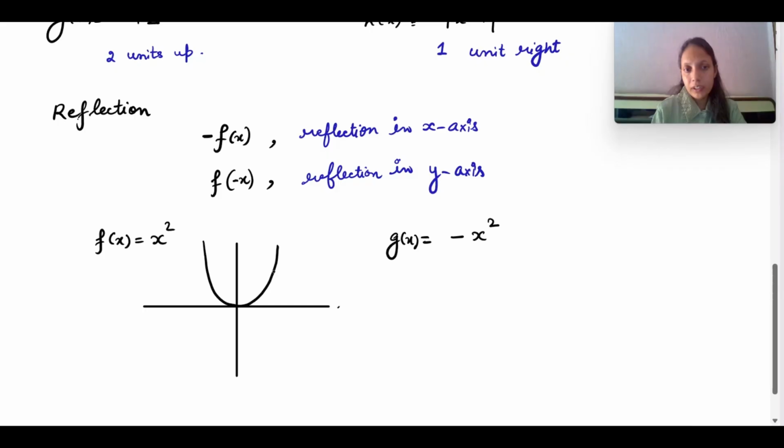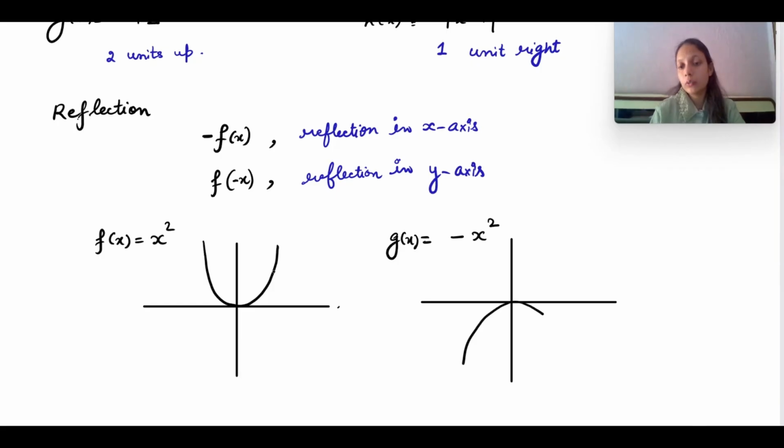If I compare with these properties, negative is multiplied outside, so it will be a reflection in the x-axis. If I draw the graph, it will be the same graph, but reflected down. So the x-axis works as a mirror and the upward part shifts down. Okay, so that was the second transformation, reflection.